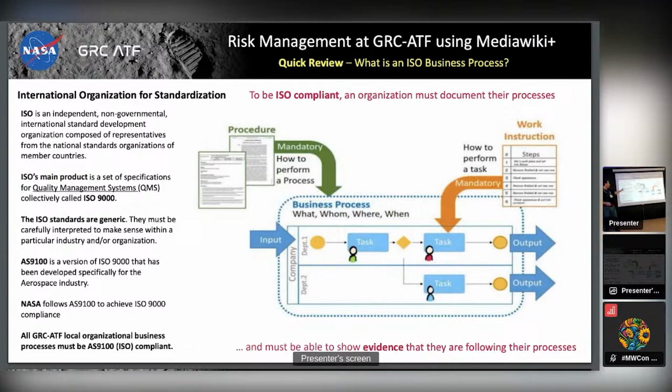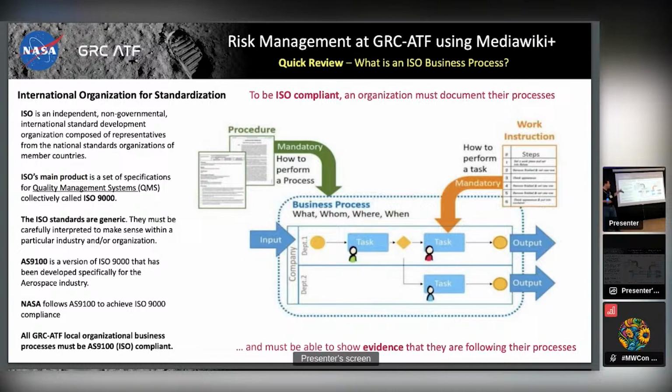All of this, and this is the big takeaway from the ISO piece, is that we're required to have evidence that we can show anyone who investigates or audits our processes. We need to be able to show that we're doing what we say we do.